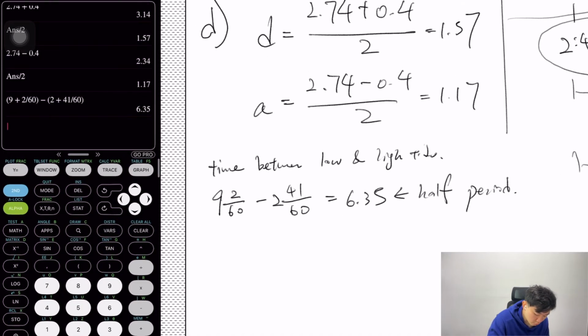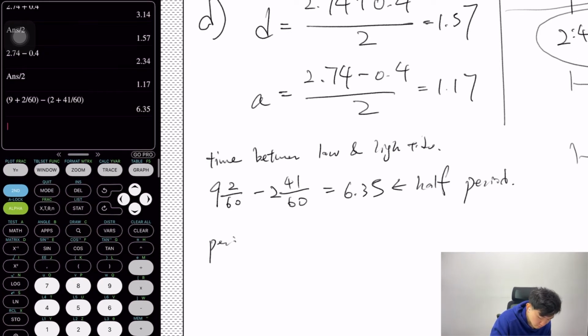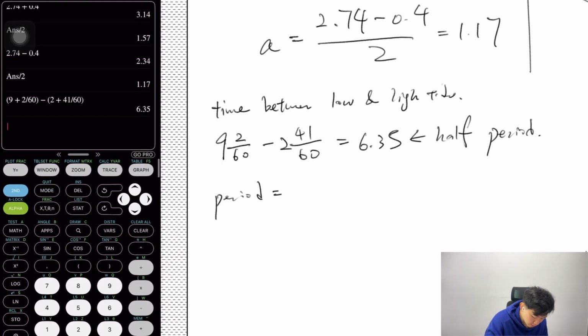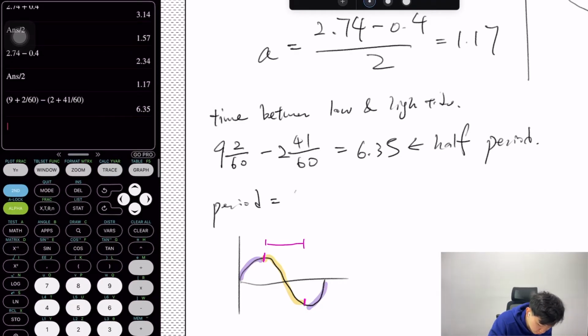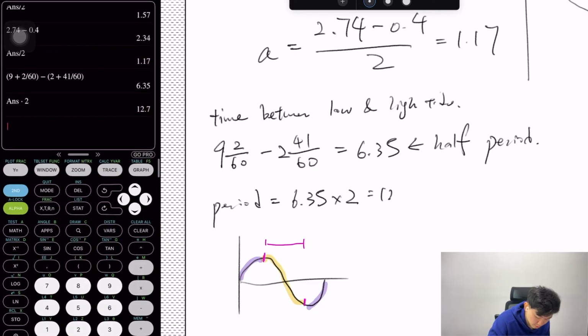What is a full period? Think about that. From high to low, like this, is a complete period, right? So the high to the low part is exactly the same as these two combined, which is exactly half the period. So the period is 6.35 between the high tide and low tide, times two, which is 12.7.